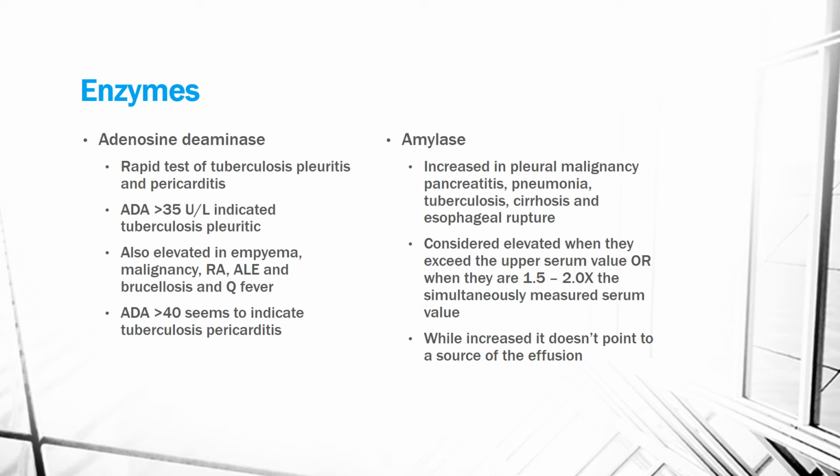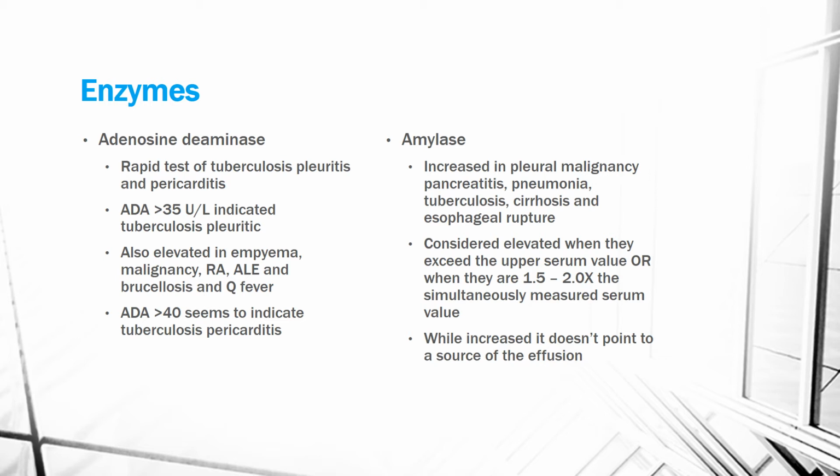You might do this on pericardial fluid, but it's not as common as on pleural fluid. If the ADA is greater than 35 international units per liter, that is highly indicative of a tuberculosis patient, and greater than 40 is the cutoff for pericardial fluid.